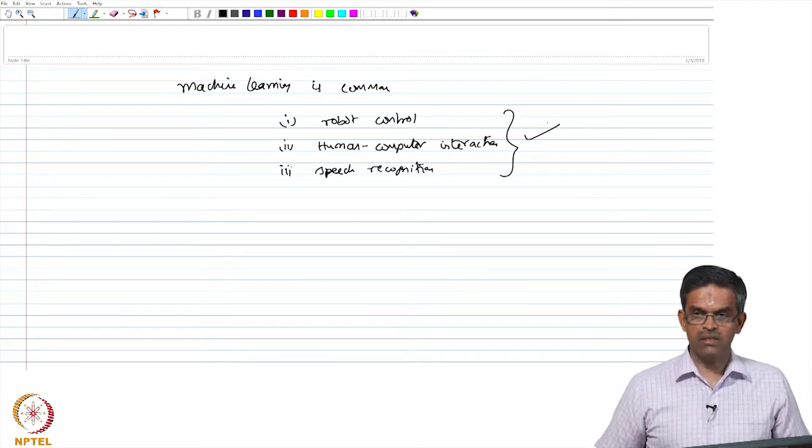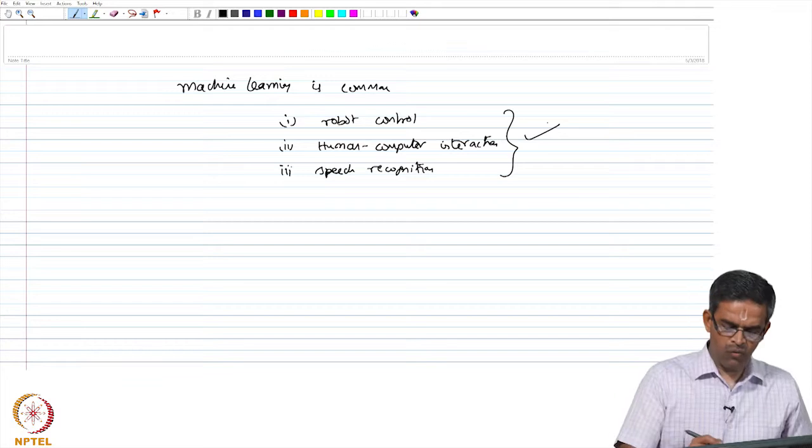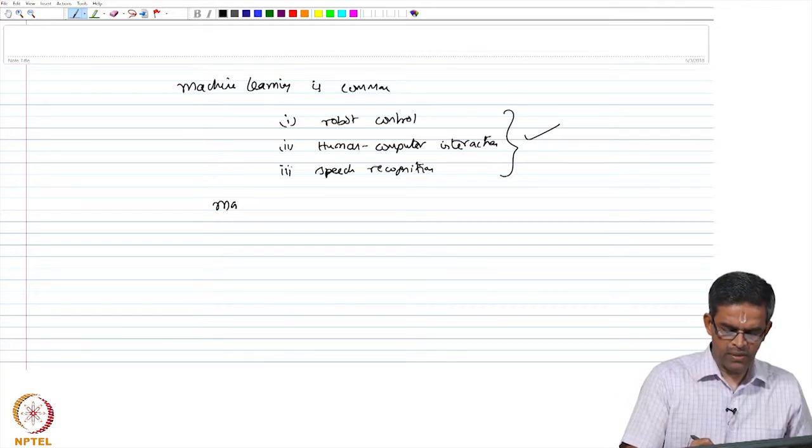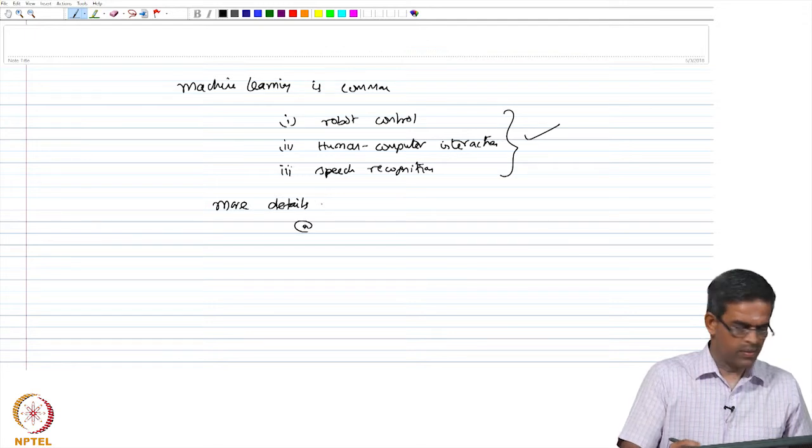However, their applications in terms of structural health monitoring is a very recent attempt in the literature. Of course, you can see more details at Worden and Manson.